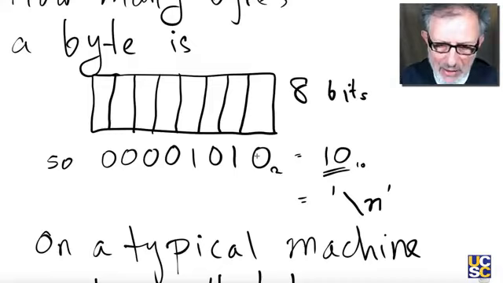Well, if you look at this, this is the zeros place. This is 2 to the 4th, 2 to the 3rd, 2 to the 2nd, 2 to the 1st. Excuse me, I have this wrong.